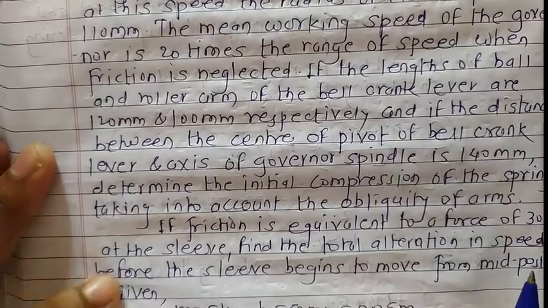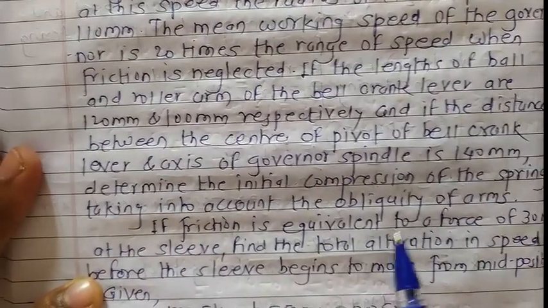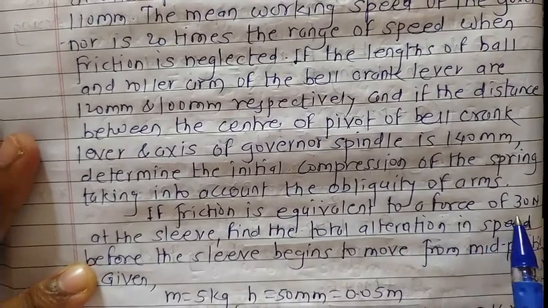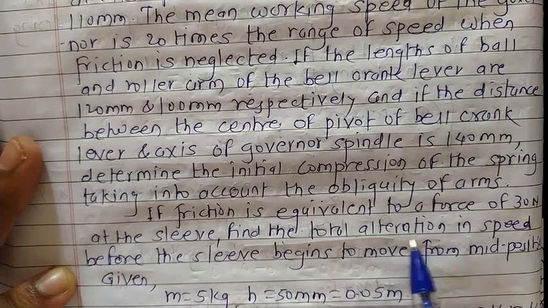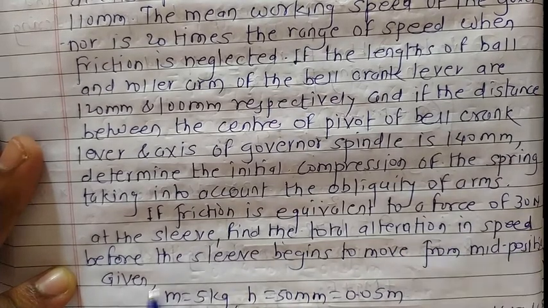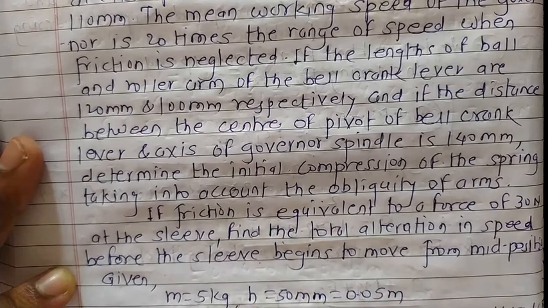If the friction is equivalent to a force of 30 Newton at the sleeve, find the total alteration in the speed before the sleeve begins to move from the mid position.